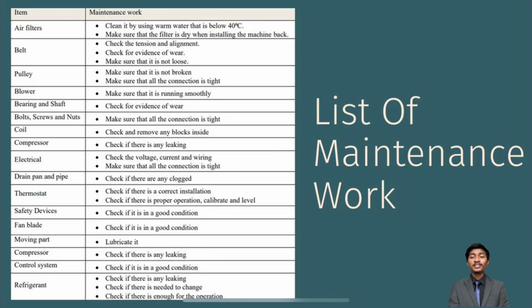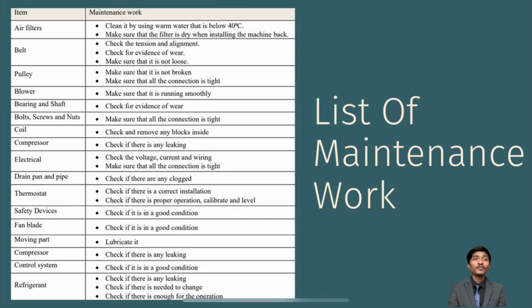And this is the list of maintenance work. If you have a problem with the air filters, the maintenance work is to clean them using warm water below 40 Celsius. Make sure that the filter is dry when installing it back in the machine. Or maybe you have a problem with the blower. The maintenance work is to make sure that it is running smoothly.